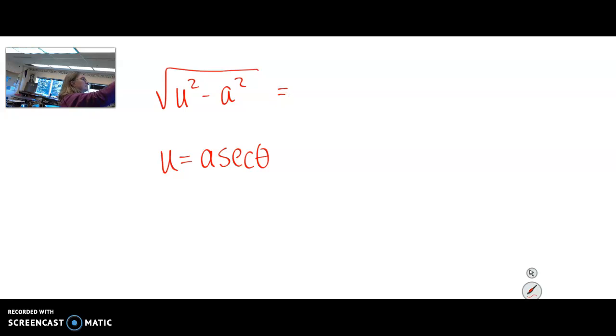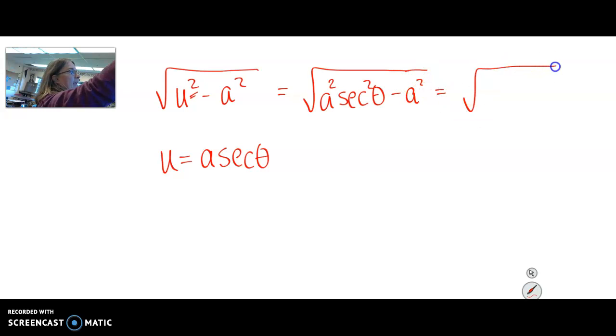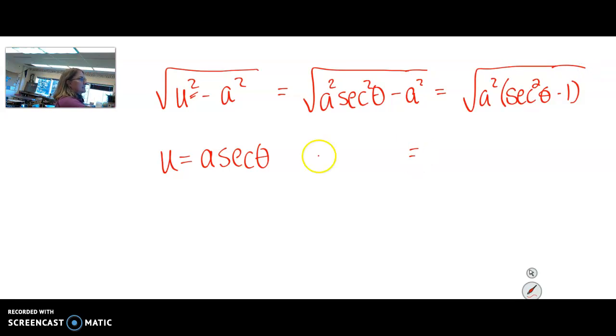And then let's throw that in here in place of u. So I have a secant theta, and that's squared, so a squared secant squared theta minus a squared. Factor out that a squared times secant squared theta minus 1. Look at your trig identities.